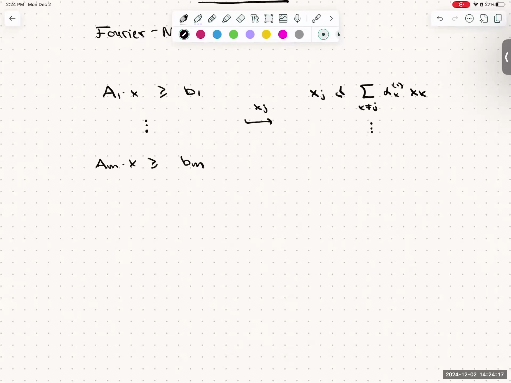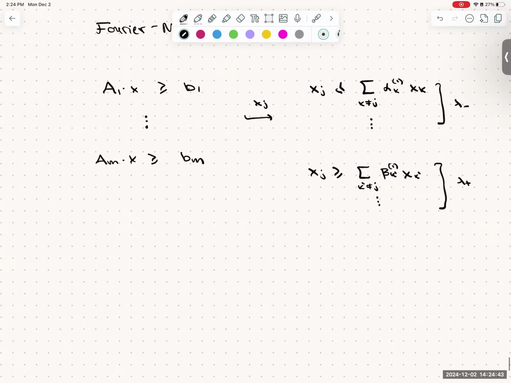There can be some number lambda minus of these, and then xj greater than or equal to some sum over k prime not equal to j of beta k prime 1 x k prime. Let's say there's lambda plus of these.